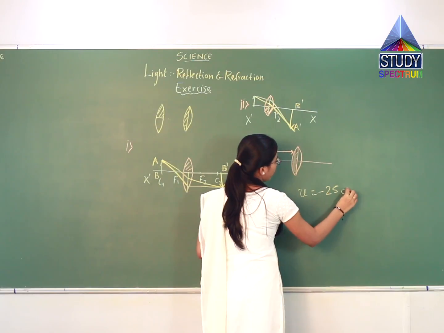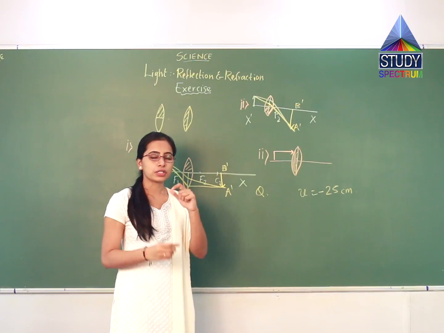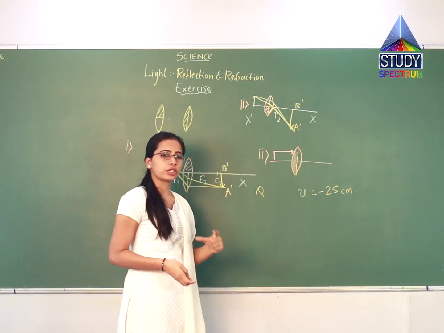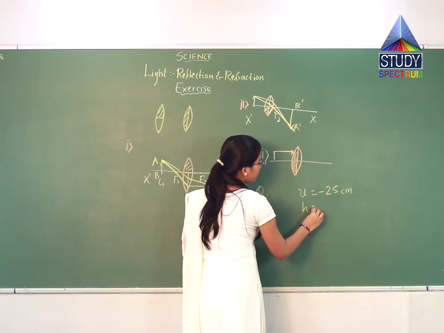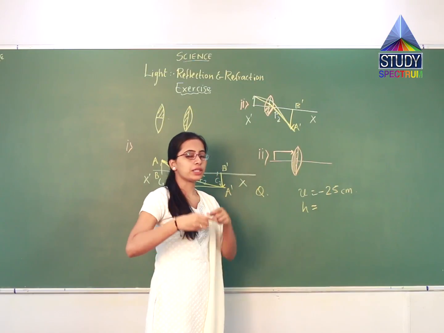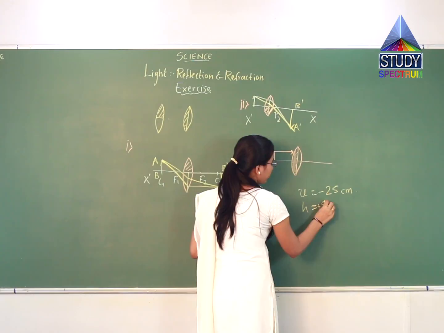So it is minus 25 cm. Then object height is given. The size of the object is given. So h is given. Since we are placing object vertically, means on the x-axis, so it will be plus 5 cm.